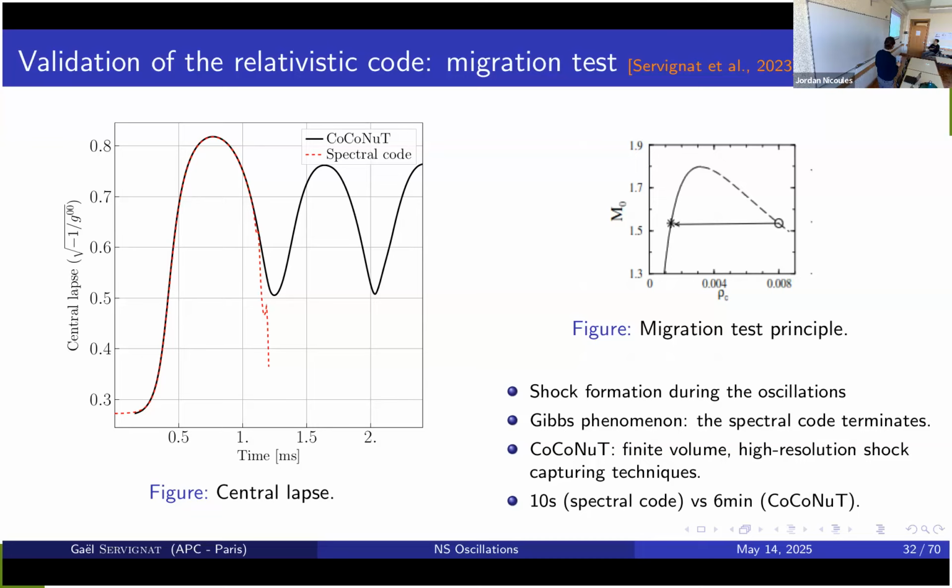So you will have a curve like this, and on the dashed side, these configurations are unstable. But what happens if you still choose a configuration on the unstable branch? Well, there are two outcomes possible. It can collapse to a black hole. This is what happens in real life. Or if you do this numerically, it can migrate to the stable configuration with the same baryonic mass.